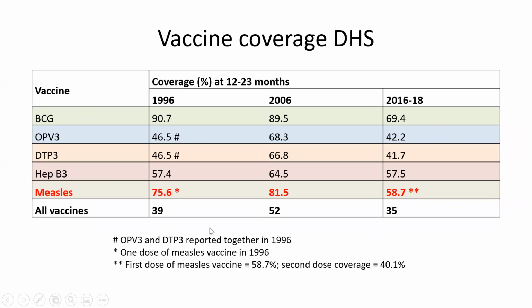And I worry that we're up for another big outbreak of measles again, because this is from the DHS, not from the PHR. We have population-based data that suggests we're only achieving about 59% coverage for even one dose of measles beyond 6 months, so the 9-month dose.